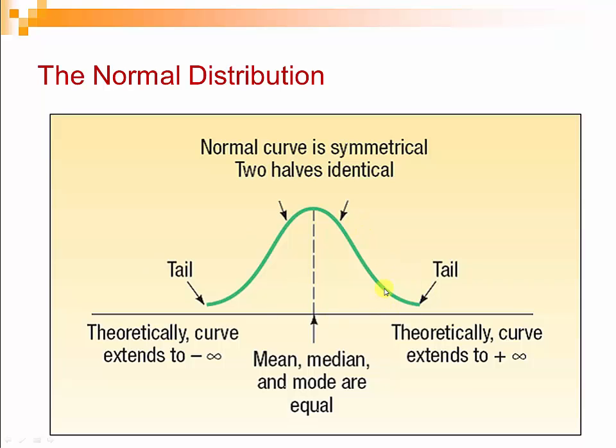An important point to remember is that the area under the entire curve, which means all the way out into infinity on the negative side and the positive side, the total area under the curve equals 1.0. Half the area under the normal curve is to the right of the center point, and half is to the left of it.